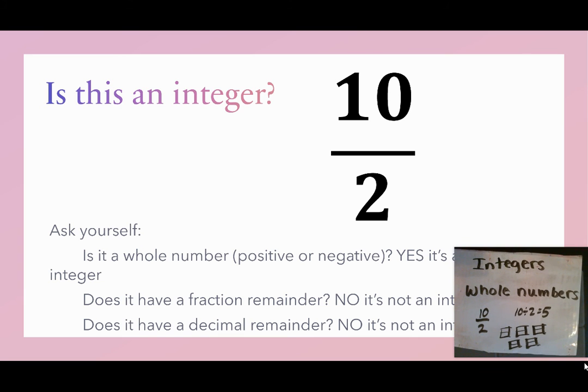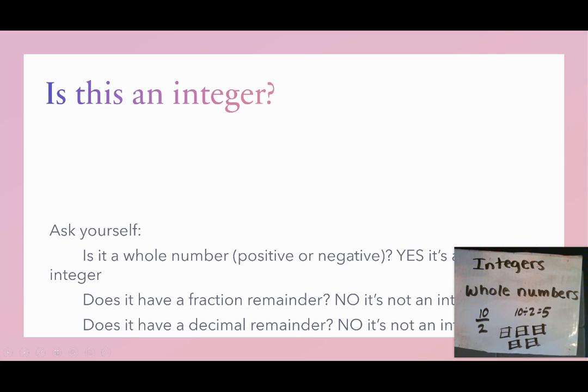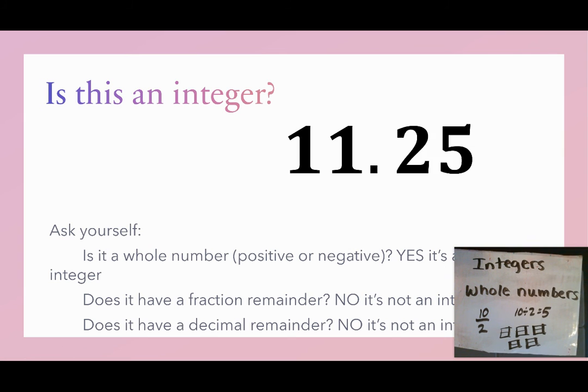I would just have 10 half candy bars. Same amount, 5 wholes. 5 wholes is a whole number. Whole numbers are integers. If it were 11/2, not an integer. If it's 11 1/4, 11.25, not an integer.